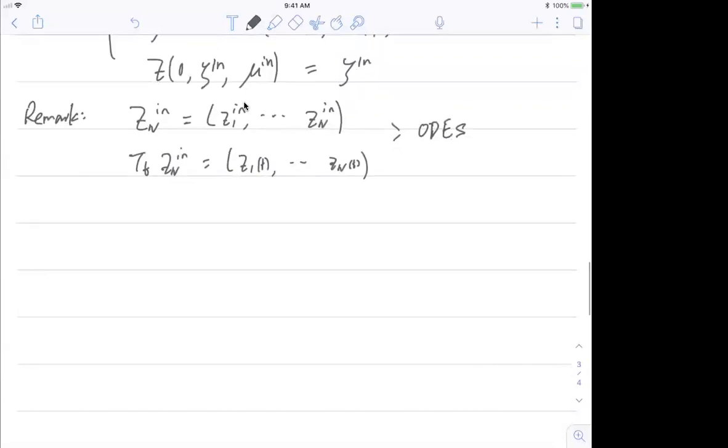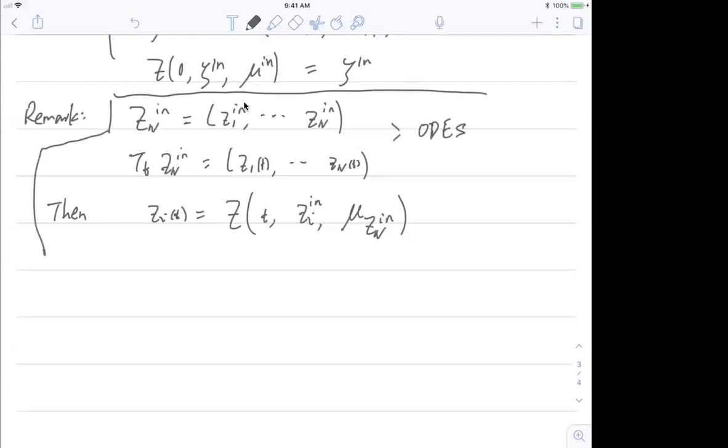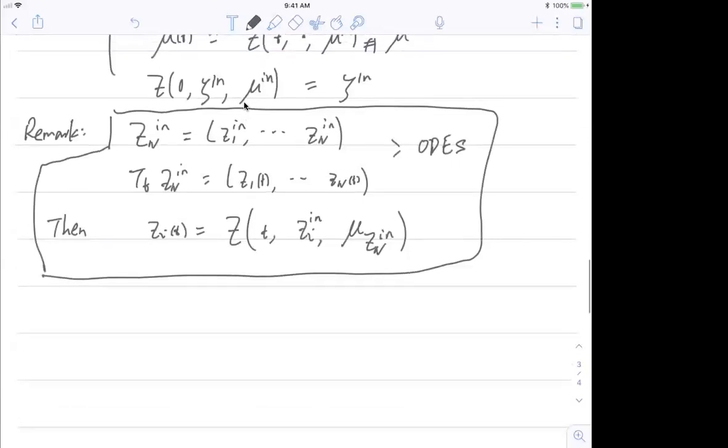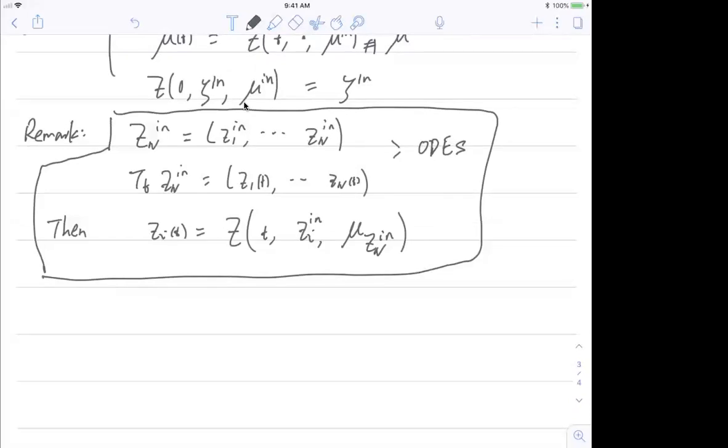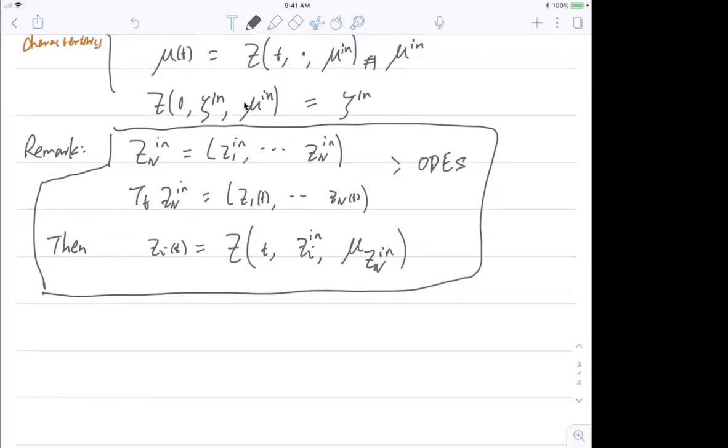Then Z_i(t) is nothing but just this. We just plug the initial data Z_i initial, and we apply the initial measure as the initial empirical measure. So we can solve the ODEs via the mean field characteristic equation or the mean field characteristic flow. Okay, this can be checked very easily.